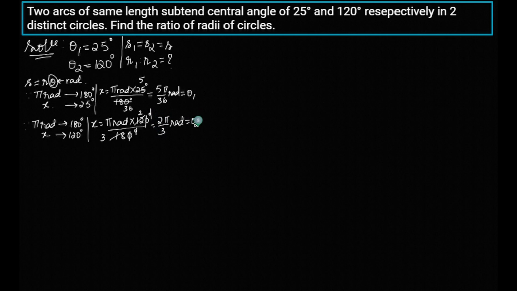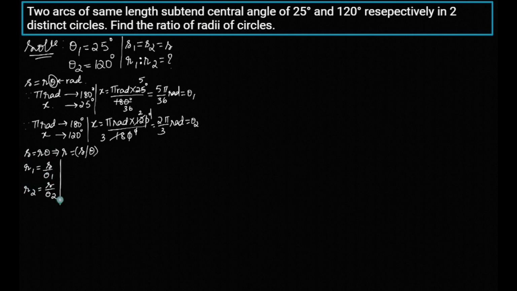So we have to find out the ratio of radii of the circles. Let us rearrange the equation S is equal to r theta as r is equal to S divided by theta. We use this equation in two different circles. Therefore R1 is equal to S divided by theta 1 and R2 is equal to S divided by theta 2.